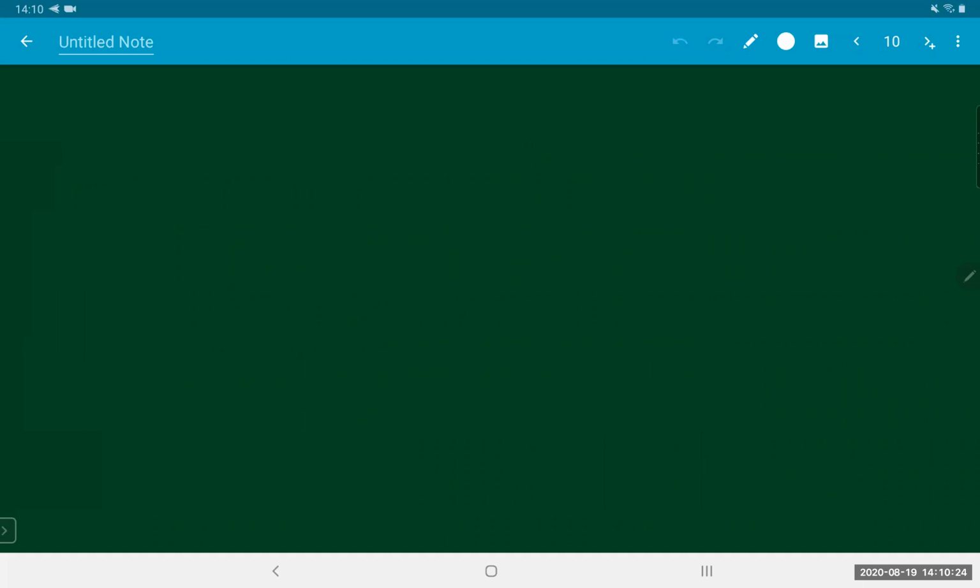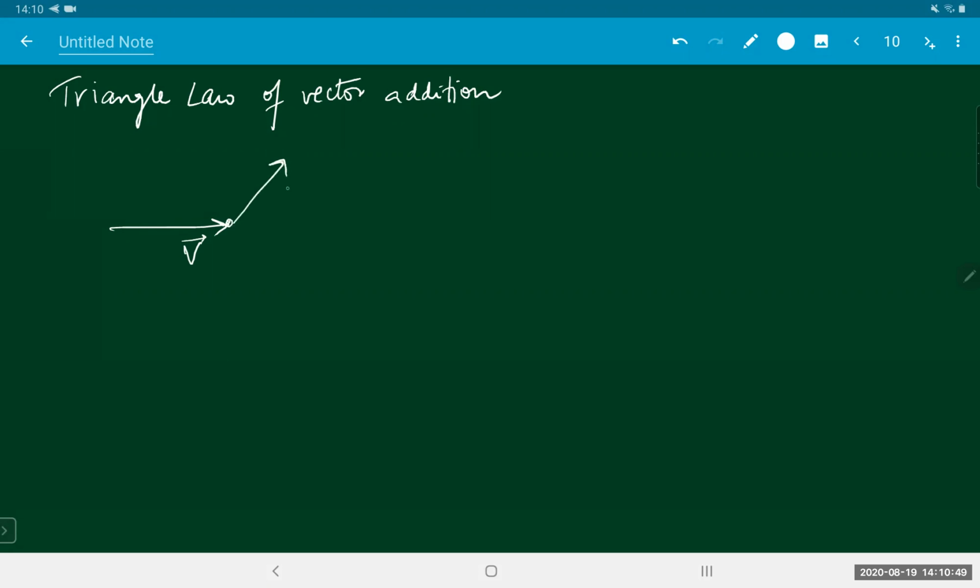Now there is something very useful known as the triangle law of vector addition. This law says that suppose I have a vector v, and from here let's say I have a vector w.